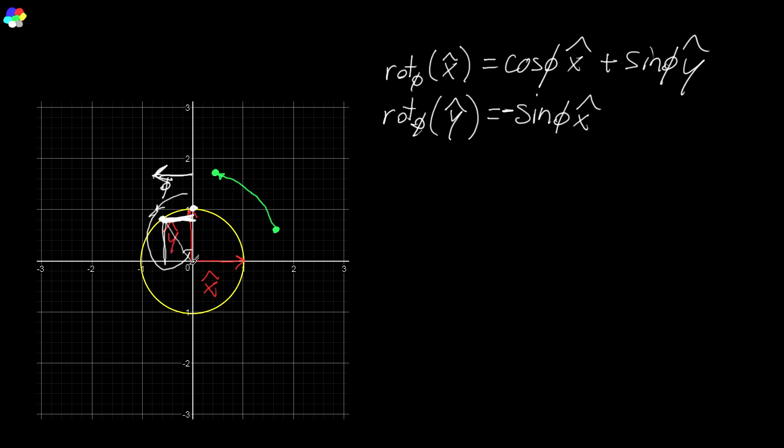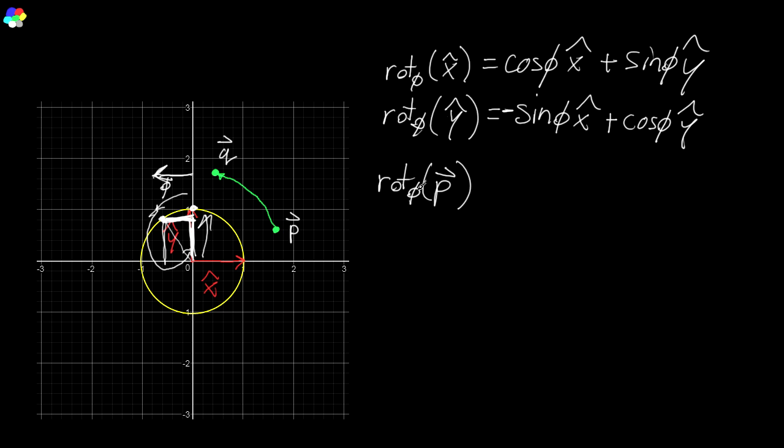Okay. Now the length here, this is the adjacent side, right? And that's going to be cos phi. That gives us the y component, and we can see that's moving in the positive direction, so we don't have to do anything, we can just multiply by y hat. So here we have our formulas now for rotating x hat and y hat by phi.